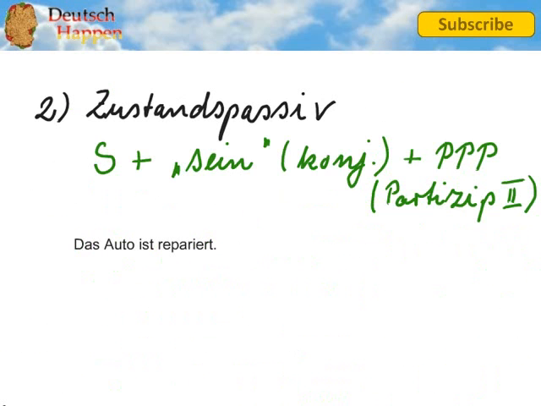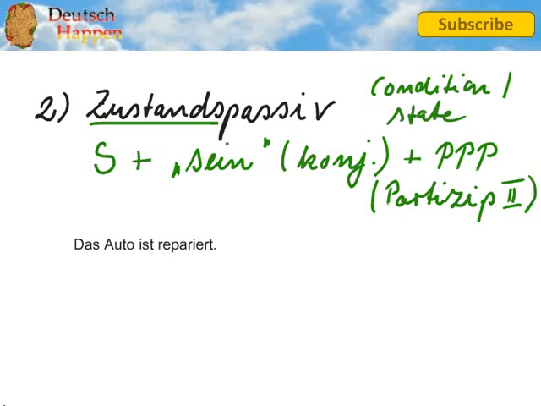Alright, the second passive I want to quickly talk about today is the other passive we have in German, the Zustandspassiv. So, Zustand means condition, either condition or state. And it forms a little differently than the Vorgangspassiv.